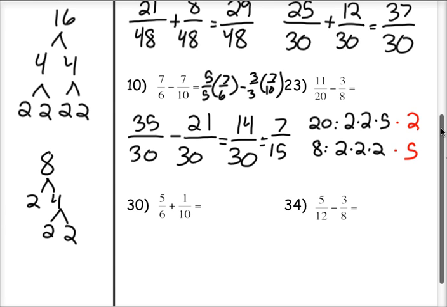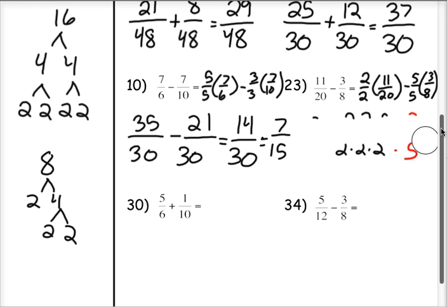So we said the 20 is missing a 2. So that's what I'm going to multiply the top and bottom by of my first fraction. My second fraction, we said the 8 is missing a 5. So we're going to multiply top and bottom by 5. Need to erase this so I have some more space to keep working.